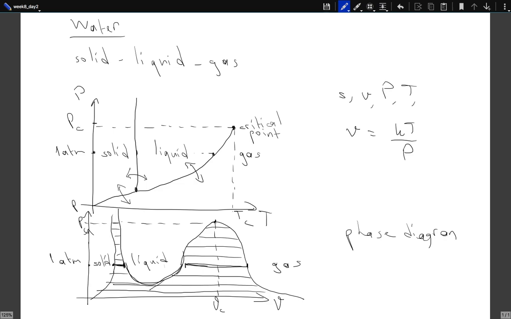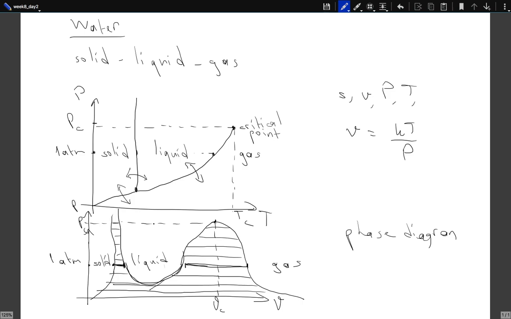So if the function itself is discontinuous, then it's called a first-order transition. If the derivatives are discontinuous, I think historically, depending on which derivative was discontinuous, you would give it a phase transition of such and such an order. But nowadays, all are called second-order phase transitions.